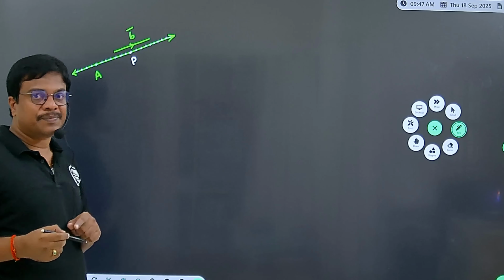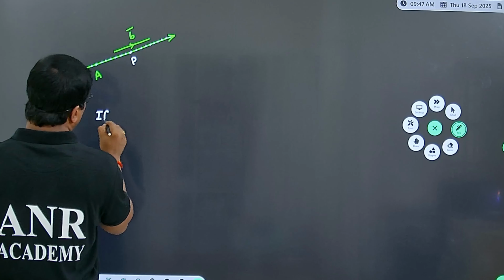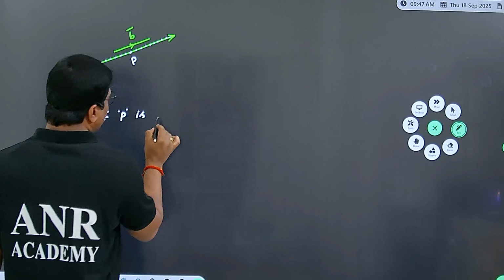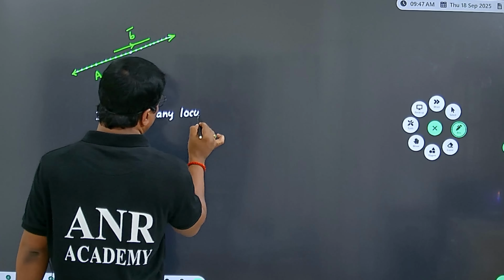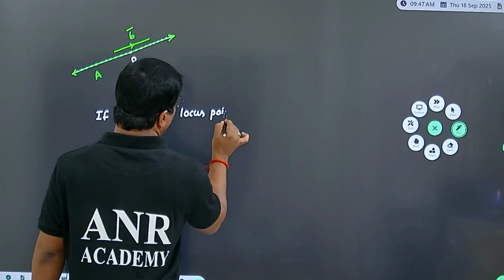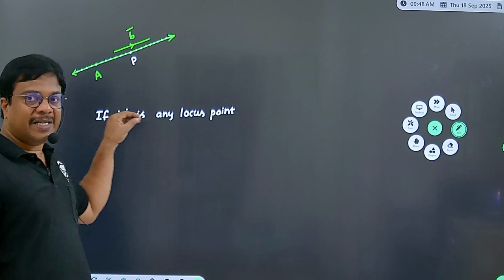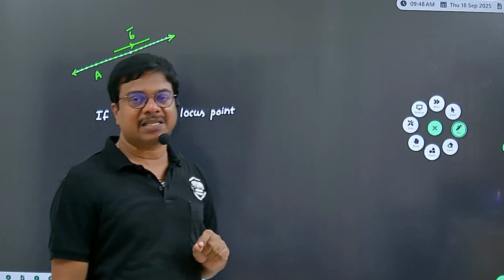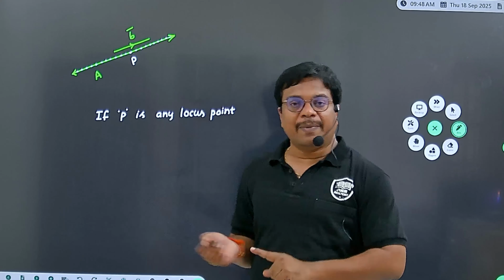Now observe, if suppose P is any locus point, the path of points which satisfy a consistent geometrical condition is known as locus. And here verify the geometrical condition.